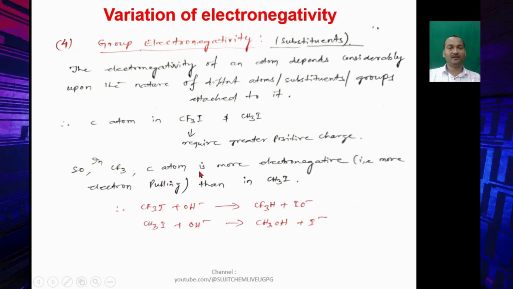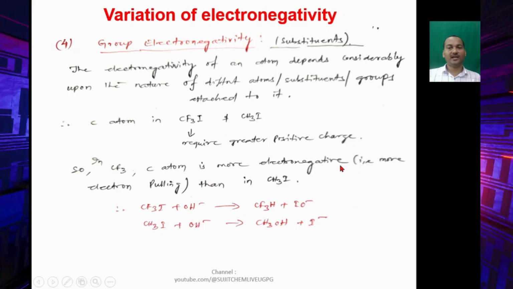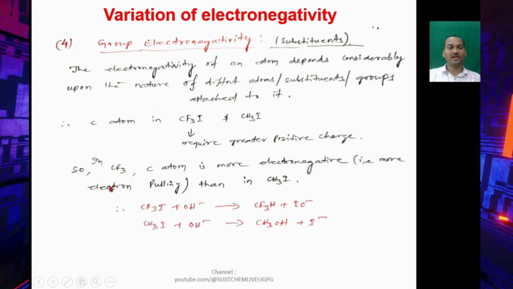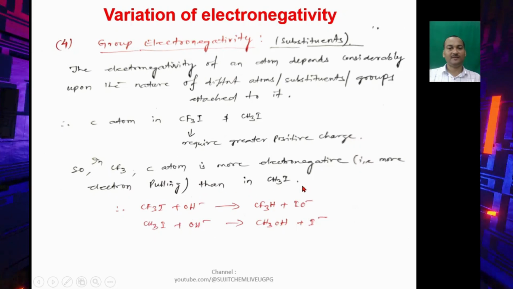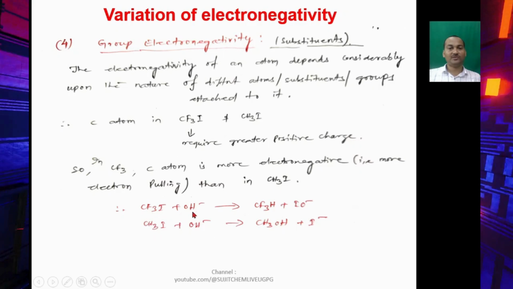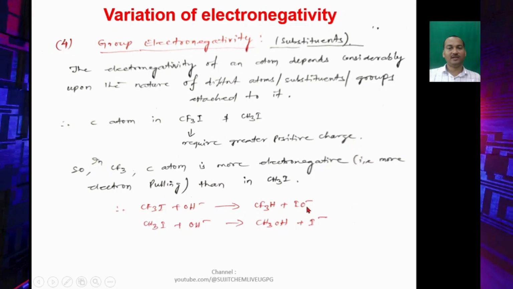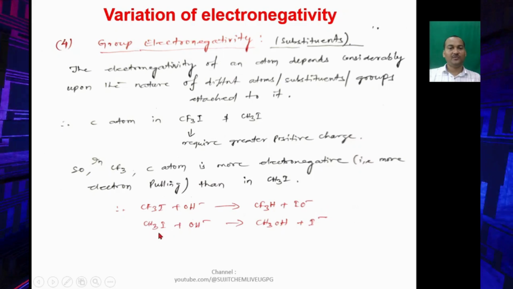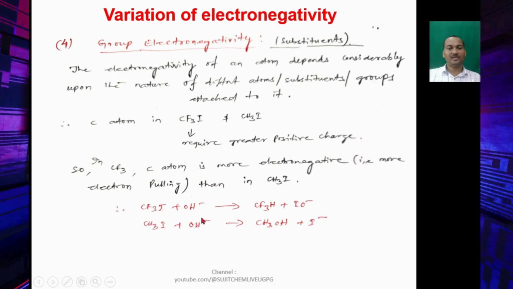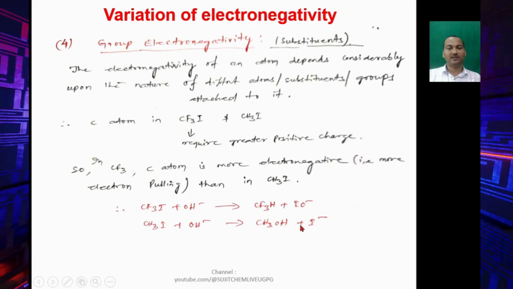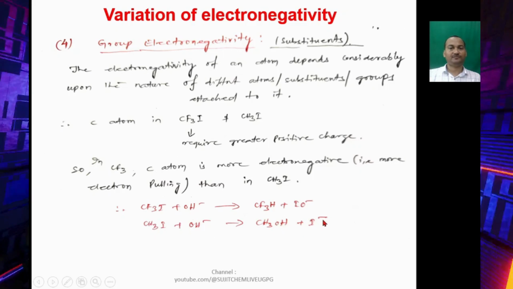So in CF3I, the carbon atom is more electronegative, or more electron pulling, than in CH3I. So CF3I plus OH minus ion, you would get CF3H plus IO minus. And if you react CH3I plus OH minus, you get CH3OH plus I minus.